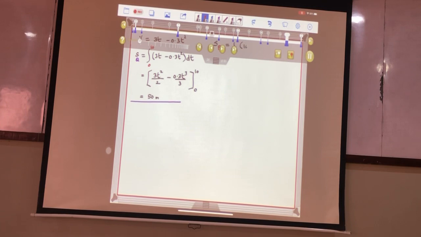Displacement of P should also be 50 meters. So half into base into height should equal 50. Therefore, V comes out to be 10 meters per second. Therefore, the maximum velocity attained by particle P is 10.